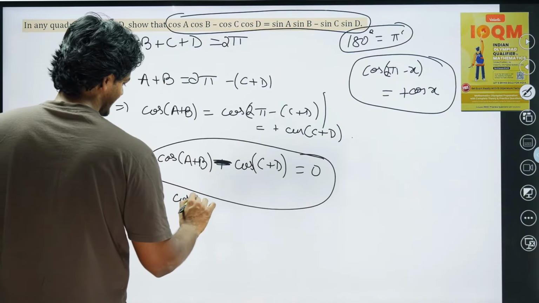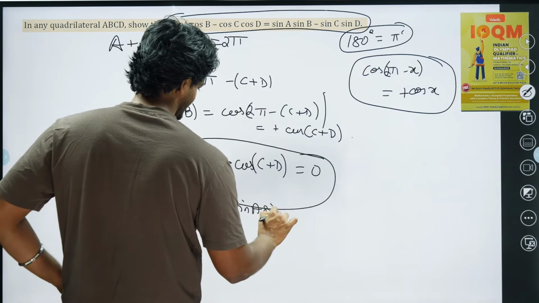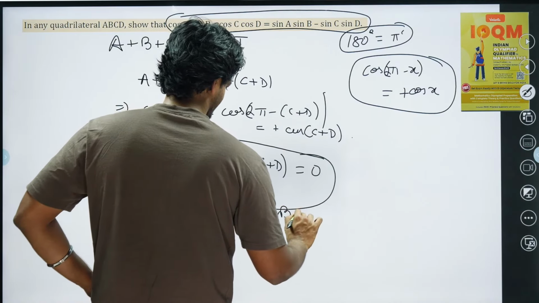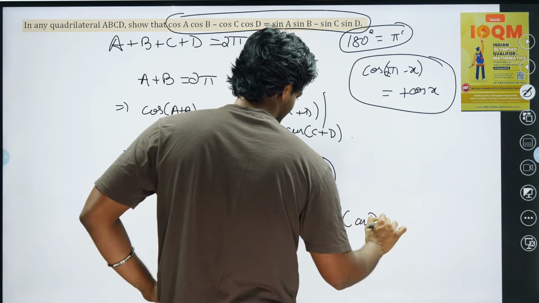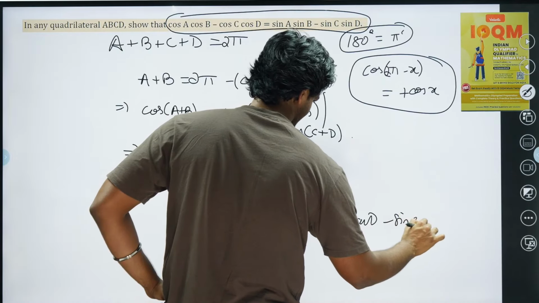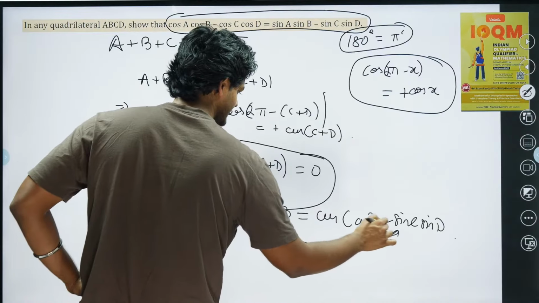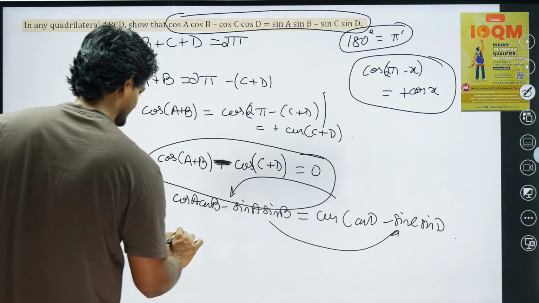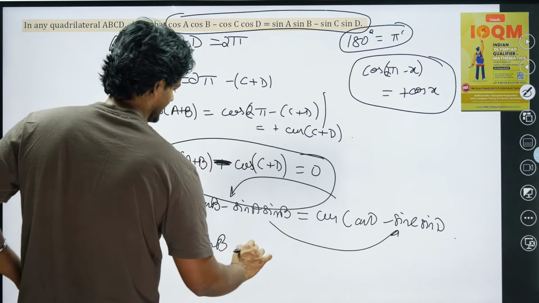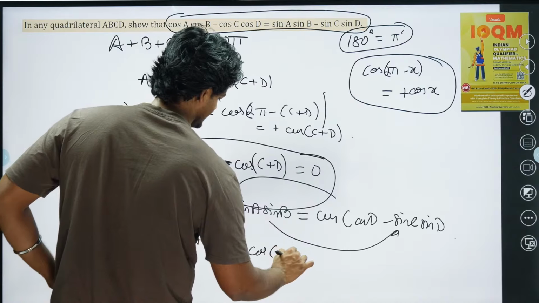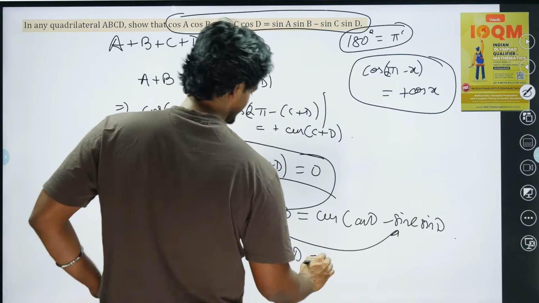So this is cos A, cos B minus sin A, sin B is equal to cos C, cos D minus sin C, sin D. And you bring this side, take this side, so it will be cos A, cos B minus cos C, cos D, and you brought this side, so yeah, you will get the same.